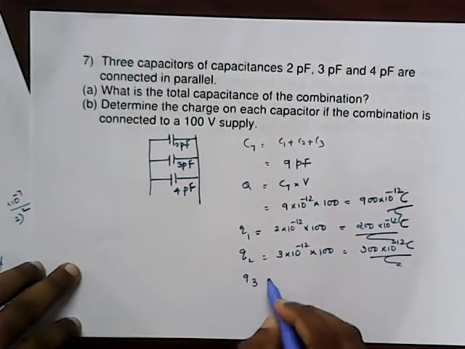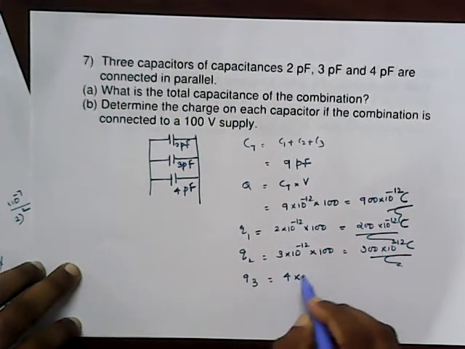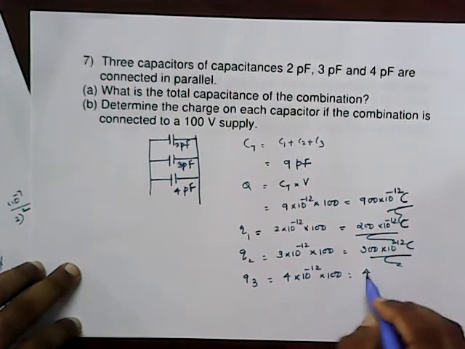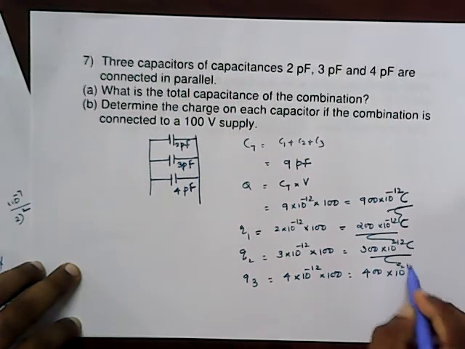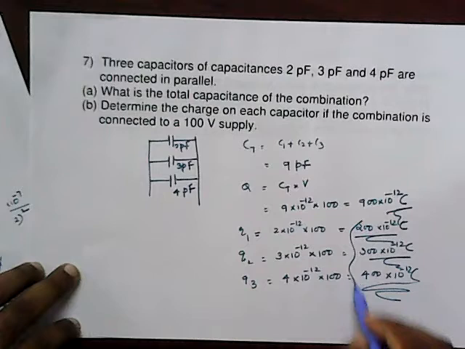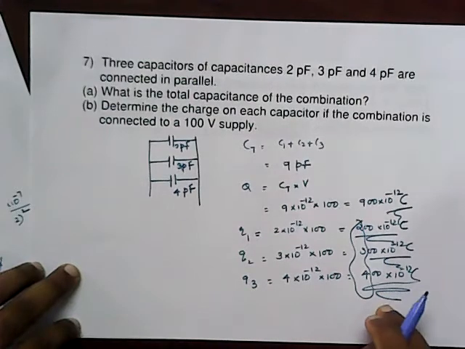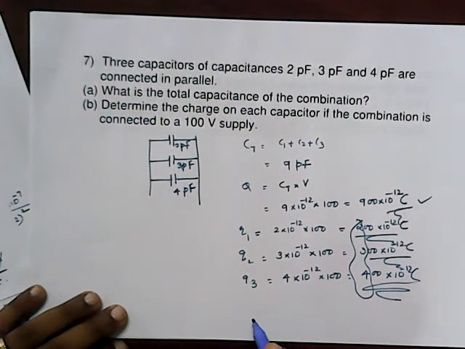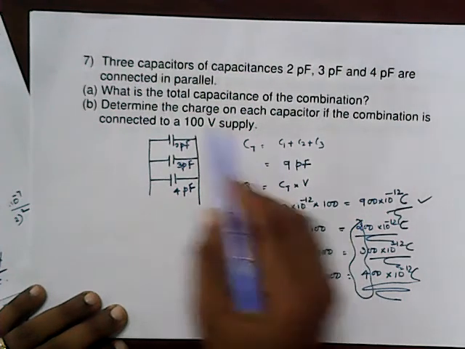And Q3 is its capacitance 4 into 10 raised to minus 12 into 100, equal to 400 into 10 raised to minus 12 coulomb. Totally, it becomes exactly 900 picocoulomb. So that is the total charge.